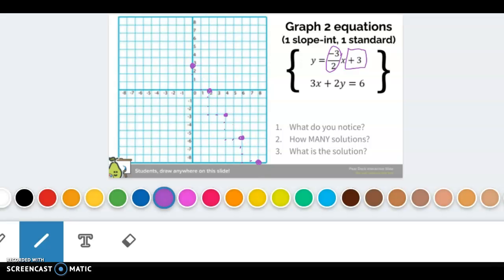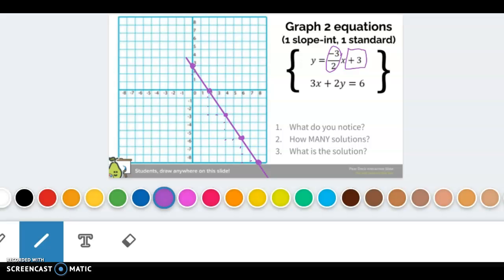I don't like that line, so I'm going to redo it. Nope, still don't like that one. Man, why can't I? Nope. Okay, sorry. Third time's a charm.